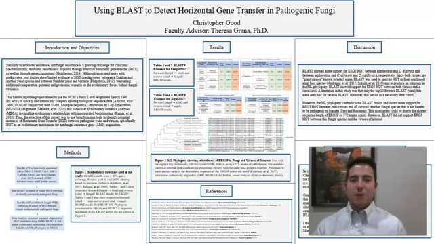And in doing the BLAST search, I had to start by doing a forward BLAST, starting with the fungal sequence and seeing the viral hits that appeared, as well as a reverse BLAST, so going from those viral hits back to the fungal hits and potentially getting the same hit.